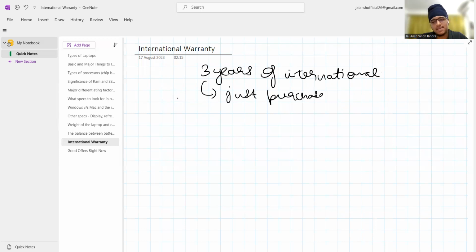Trust me, shelling out 10 or 14K is going to sound like a lot for an advanced warranty. But for example, if you break your screen once in a year, you get a free replacement. A screen otherwise would cost anywhere around 8 or 9K. So why not pay 10K for 3 years? Even if you spill water or coffee over your keyboard, you're going to get it replaced free of cost. So definitely go for an international warranty.